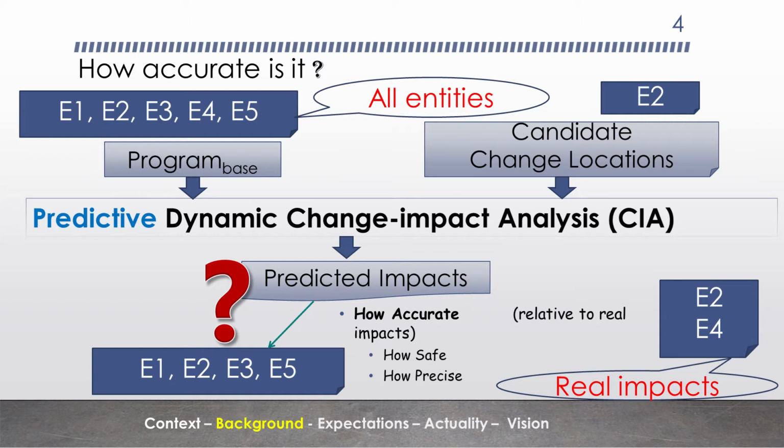For example, suppose the program contains 5 entities, E1 through E5, and the developer plans to change the entity E2. The technique may predict that all 5 entities but E4 would be impacted by any changes at E2. But actually, the actually impacted entities are only E2 and E4. Let's suppose that's the case.